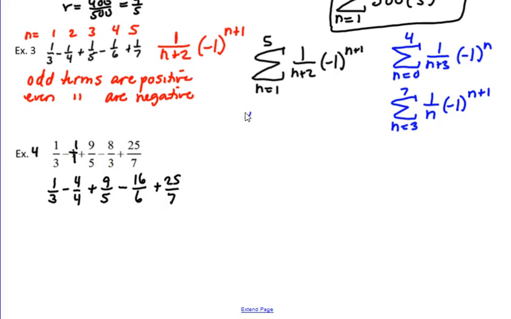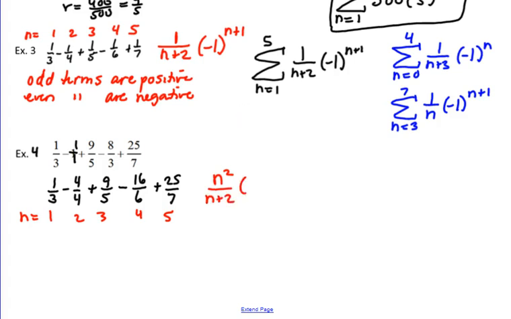So I could say then, if my term numbers are n equals 1, 2, 3, 4, and 5, my numerator is just going to be the term number squared, 1, 4, 9, 16, 25. The denominator is just going to be n plus 2.